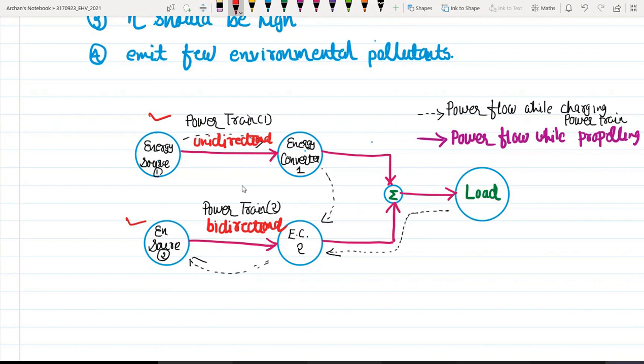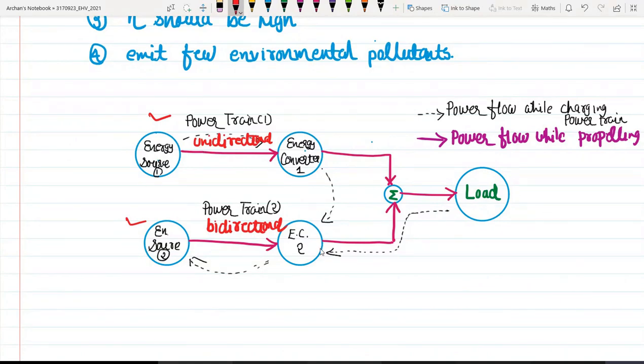Then another possibility is powertrain 2 obtains the power from powertrain 1 and load at the same time. While braking, load is also delivering the power, and powertrain 1 is also delivering the power to powertrain 2.